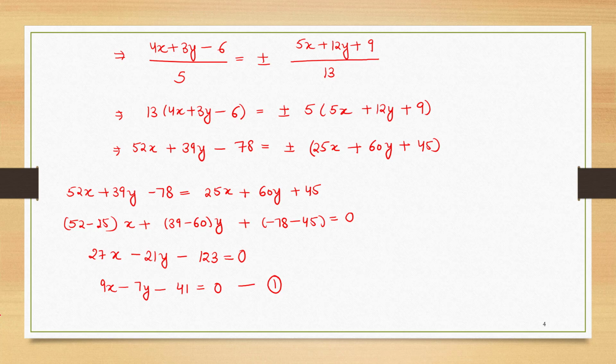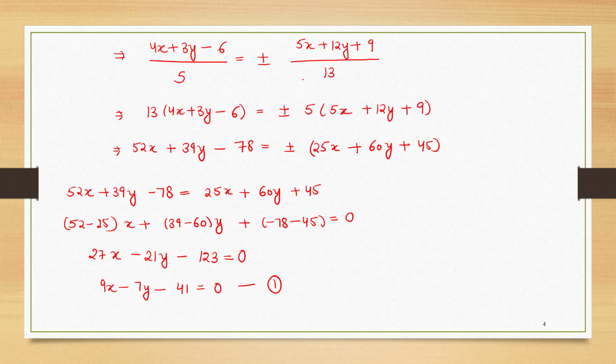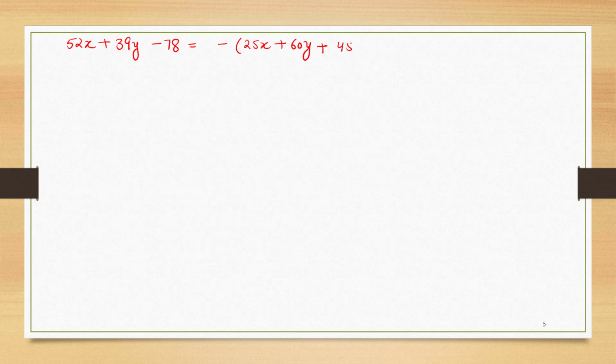Let's see the second equation, which can be obtained by taking a negative sign here. So we get 52x plus 39y minus 78 is equal to minus of (25x plus 60y plus 45).